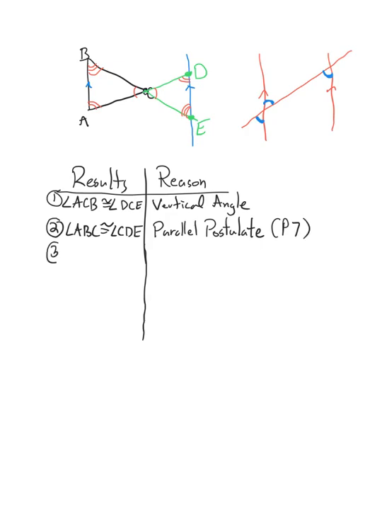And the third one, for the same reason, angle A, hold on, I need A as the angle here, so let's erase that. Angle CAB is congruent to angle EDF, and that's also via the parallel postulate.